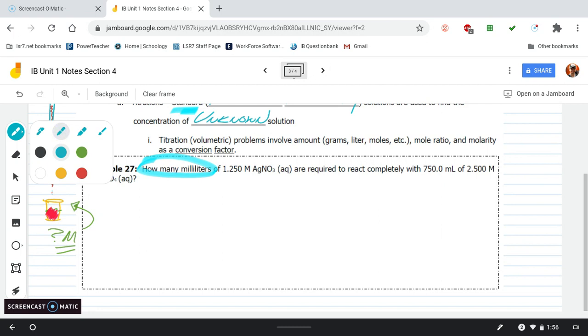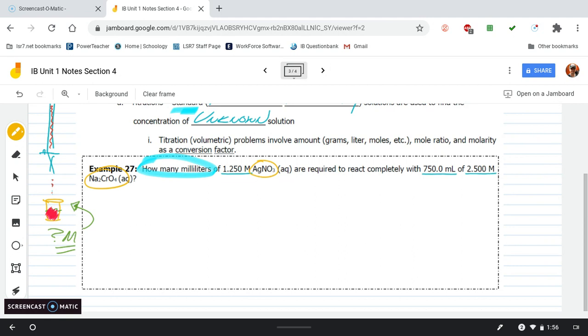We're given a molarity, another volume, and another molarity. Now, the trick in spotting these is looking for volume, molarity, or molarity, volume, and also seeing that we have two different chemicals here. So two chemicals, that means stoichiometry. So this is a titration problem, a stoichiometry using molarity.